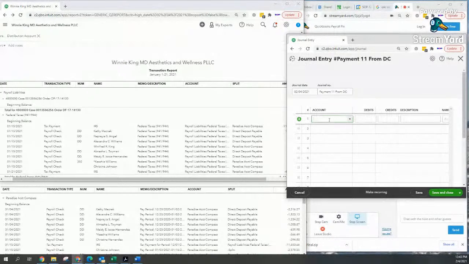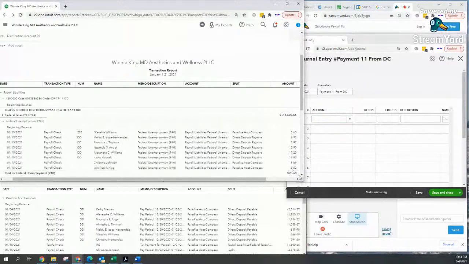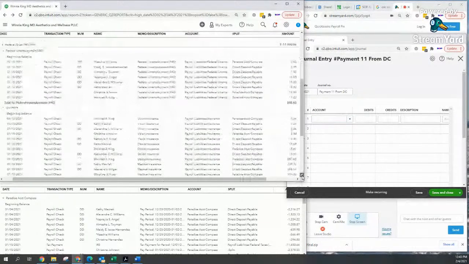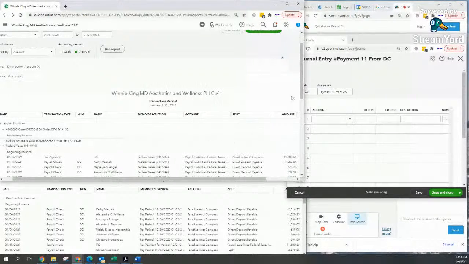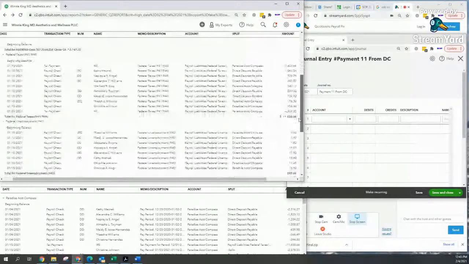This payroll tax amount for the 4,200. Where did my 4,200 amount go? I have $4,200 that needs to be paid to relieve my payroll taxes. It says it was paid, but it went into the Paradise account.